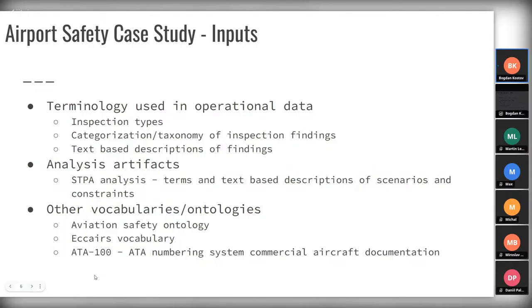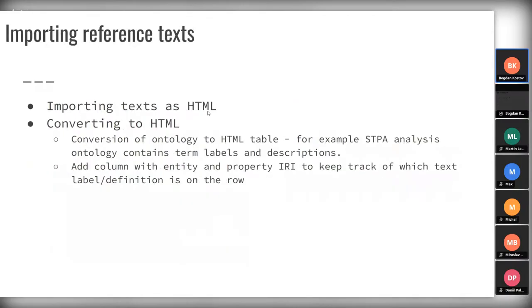Let's say we have the domain of the airport, but that's inside aviation safety in general. So we can probably use the aviation safety ontology, the occurrence vocabulary, or ATA 100, which are two other controlled vocabularies. All of these could be beneficial to import and work on for different reasons when building the ontology.